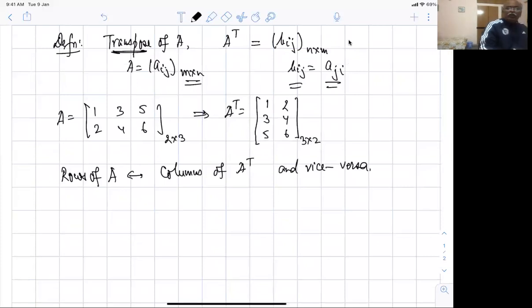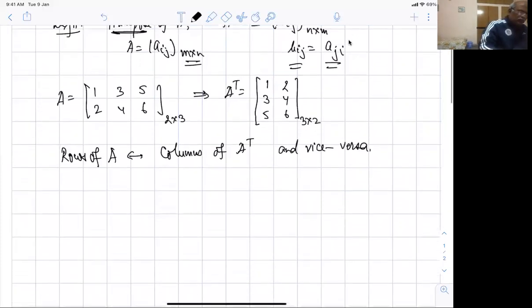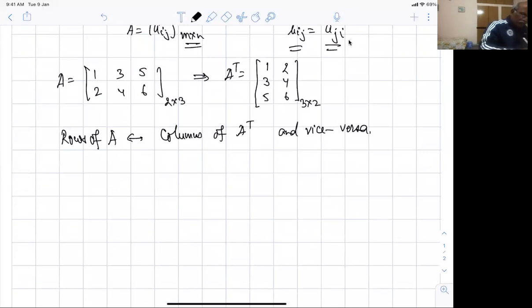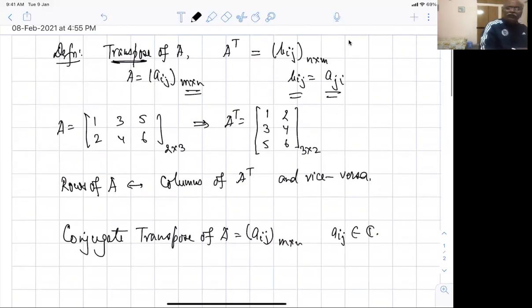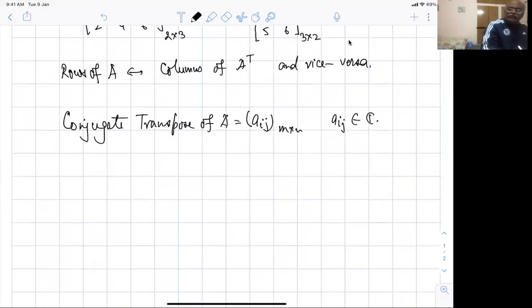Then there is a notion of what is called complex conjugate in complex numbers. So you have what is called the conjugate transpose of A. Here my Aij are there. Again, assume the size M cross N, and we're assuming that Aij belongs to complex numbers. Even for complex numbers, we can talk of transpose, but generally whenever we talk of complex numbers, it's better to look at A star.